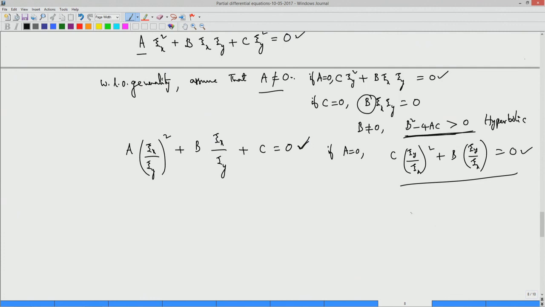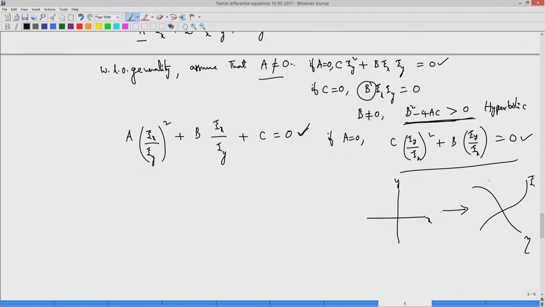Now, what is it that we are doing actually? You are taking these x y variables and transforming them to xi eta variables. This is your xi and this is your eta. So, any point x y belongs to these two lines, the intersection of these straight lines.